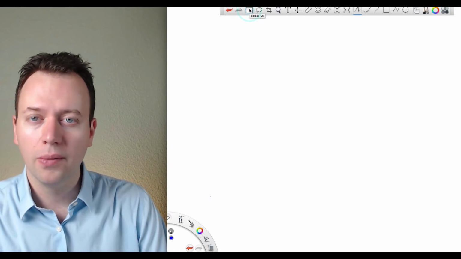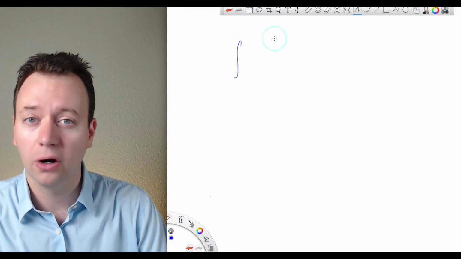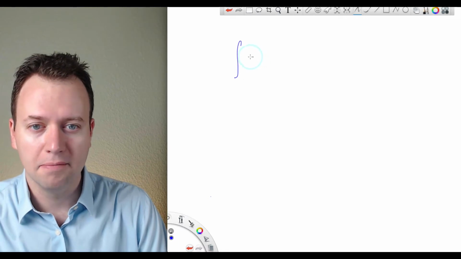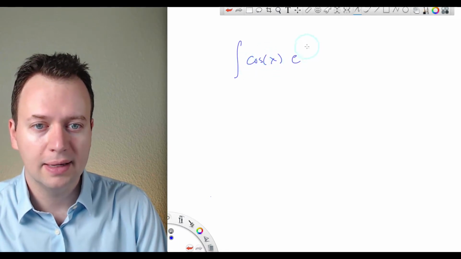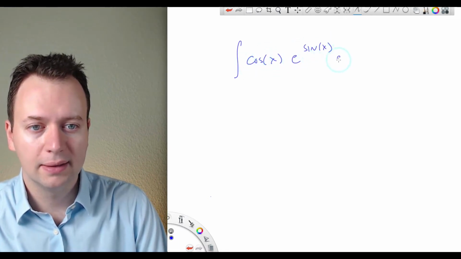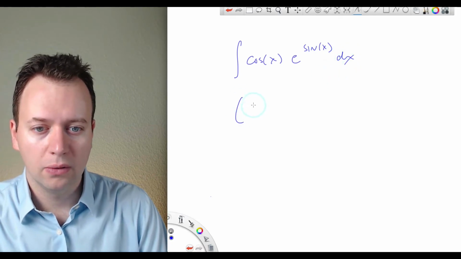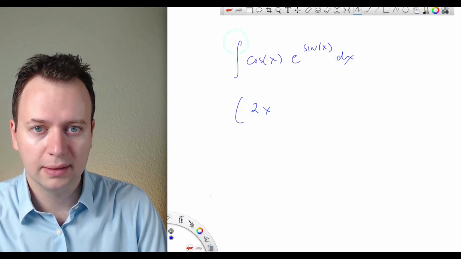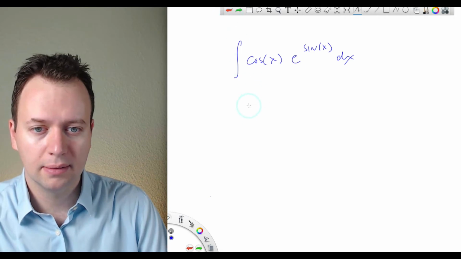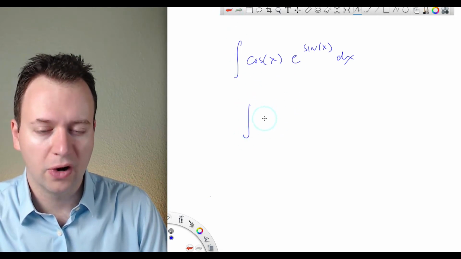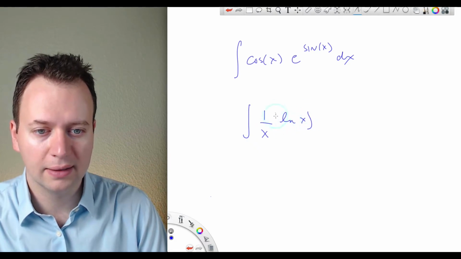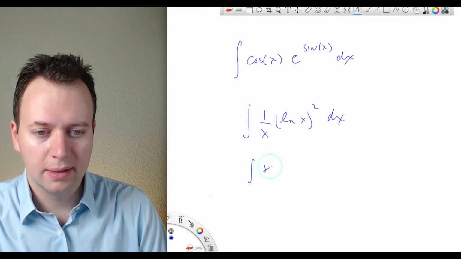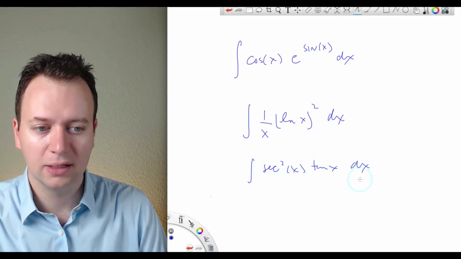For example, we can already solve integrals that are complex, such as cosine of x e to the sine of x, or 2x, or perhaps 1 over x ln of x squared dx, or secant squared of x tangent x dx, and so forth.